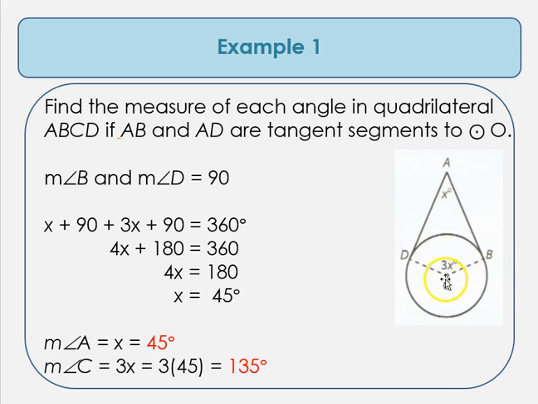You can see that two auxiliary lines have been drawn, and so we can call it a quadrilateral. So find the measure if AB, that's this segment going from point A to point B, and AD are tangent segments. Okay, so they tell us that they are tangent, which means that we have 90-degree angles at the point of tangency.